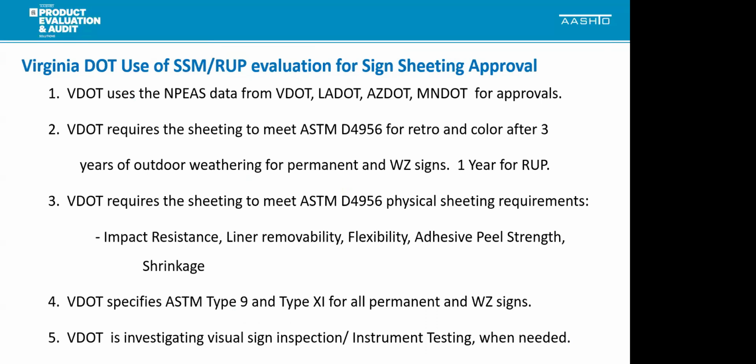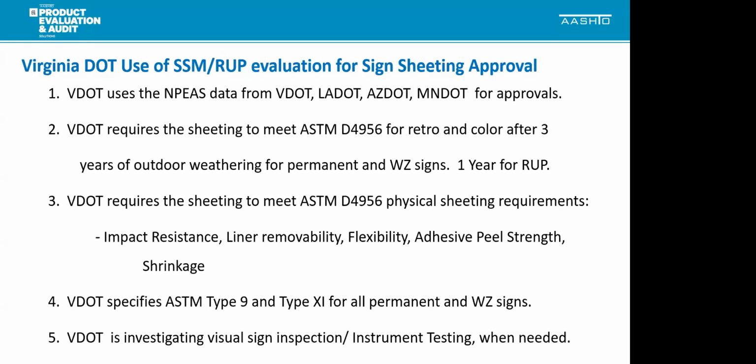Okay, thanks, Jason. Yeah, he has some great tools to be able to take a look and see what the data means, and we'll talk a little bit about what some of this data means in just a few minutes. For VDOT, how do we use this stuff? Well, as Jason said, we look at data from not only Virginia, but Louisiana and Arizona.